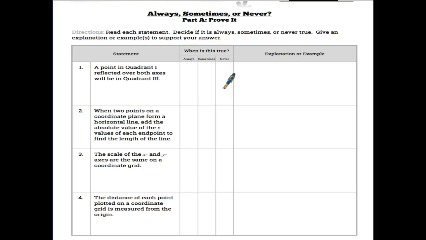So let's look at the first, and remember, you also need to give an explanation or examples to support your answer. You might want to also draw a coordinate plane, or there is one of the posters on the board of the coordinate plane.